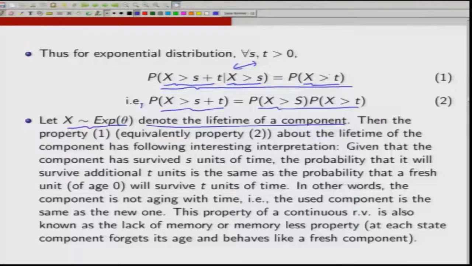So in a sense, the information that it has survived up to s units of time, that means it has become older, has no bearing on its remaining lifetime. That would be the same as that of a fresh unit. And that is what is being said over here.